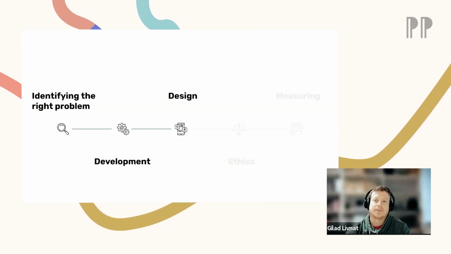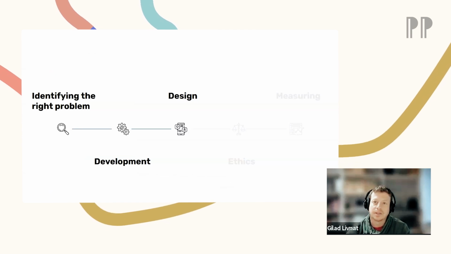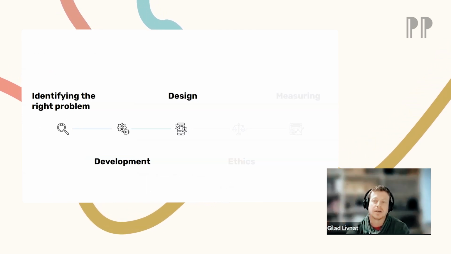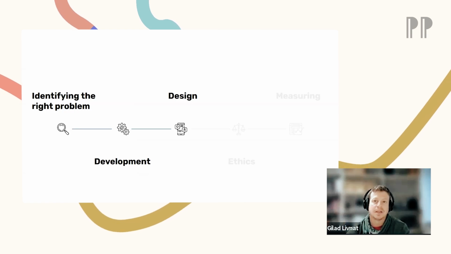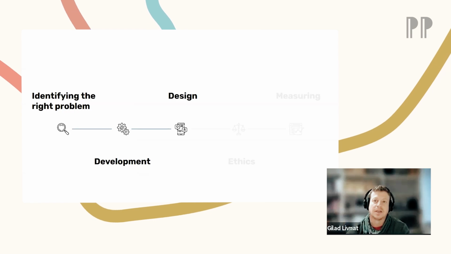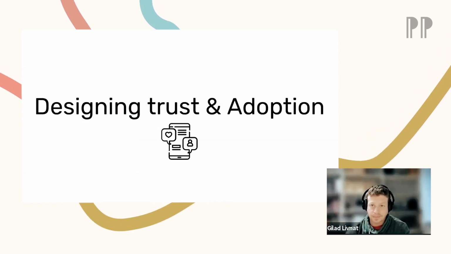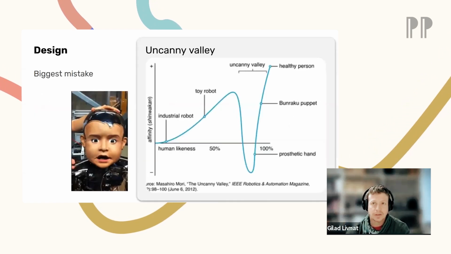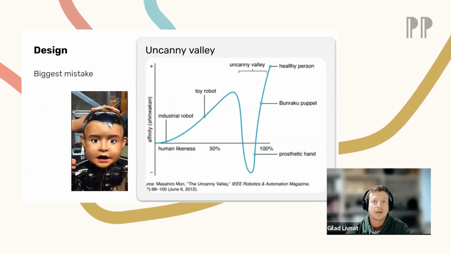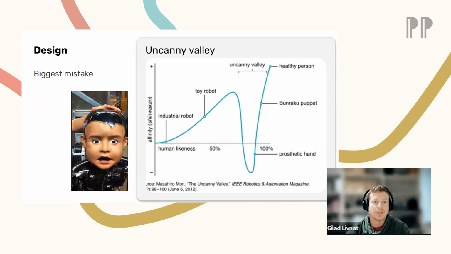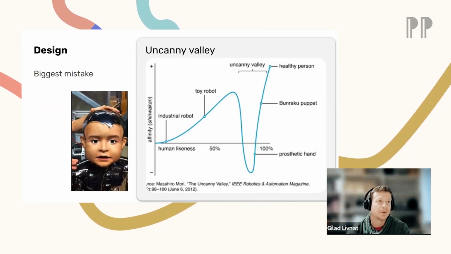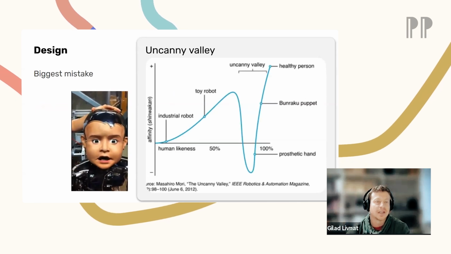In terms of design, many people are just trying to build some kind of chat window or something like that. But I think it can really hurt the way that our users see it. So, have you heard about the Uncanny Valley? I hope you did. That's basically the moment where your users are looking at your AI bot, and they find it kind of scary.